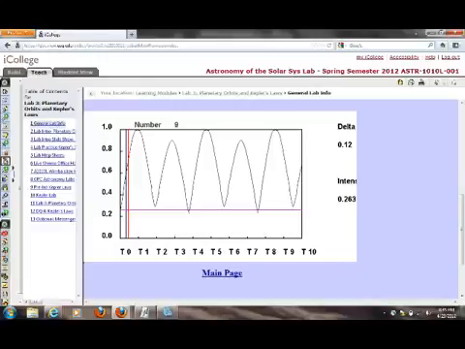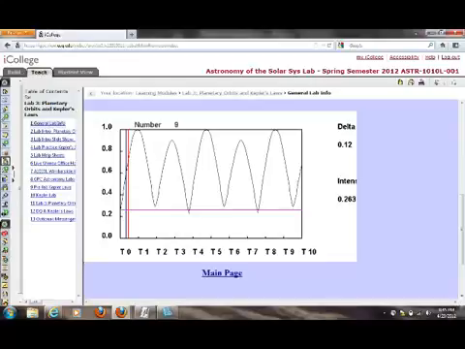Of course, I say in the instructions to use the highest maximum and the lowest minimum, but either way is fine. We take the ratio of those two numbers, so we divide the maximum intensity by the minimum intensity.